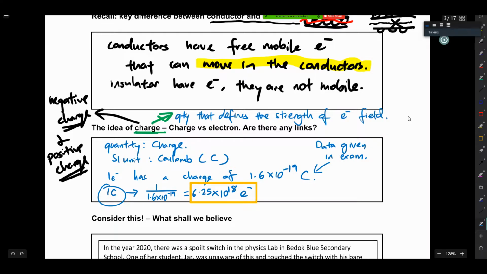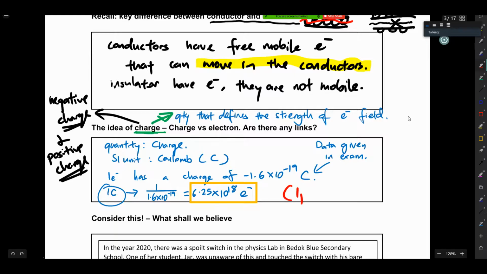If your charge is higher, your electric field is stronger. If your charge is lower, your electric field is weaker. Interestingly, the electron's charge is negative.